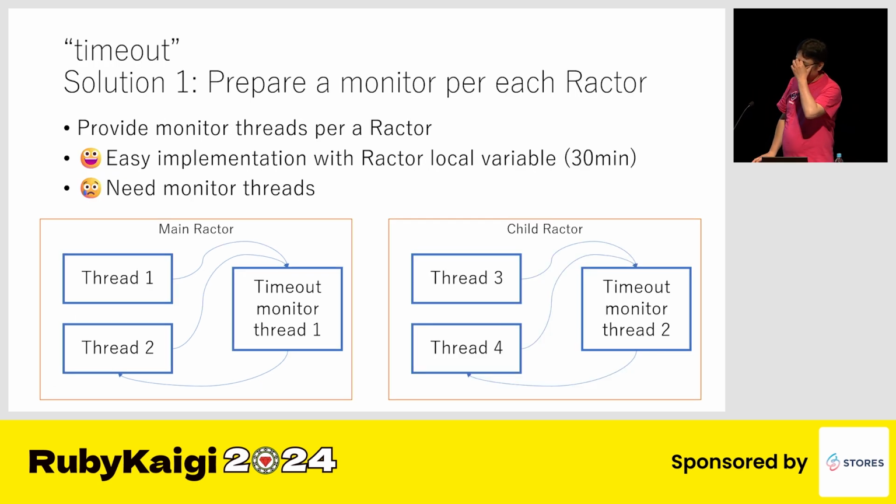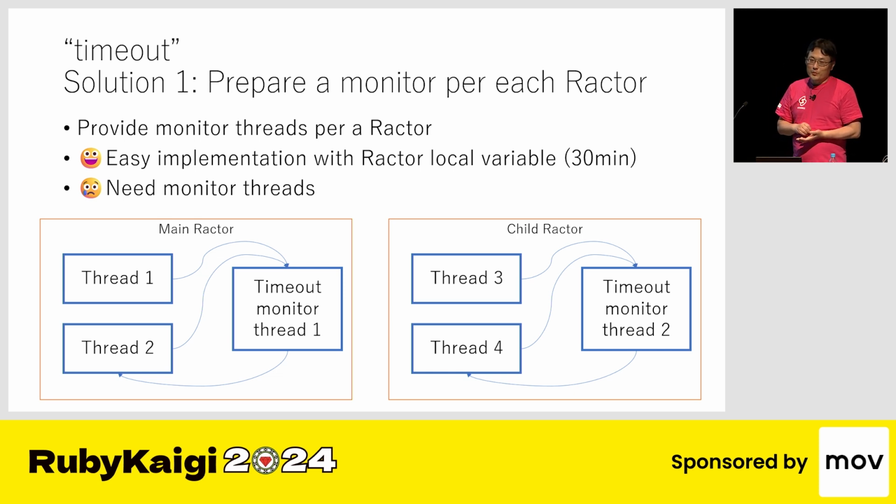The simple solution is making a timeout monitor thread for each Ractor. For example, if there are two Ractors, make two timeout monitor threads. It is easy, and I can implement it in 30 minutes.